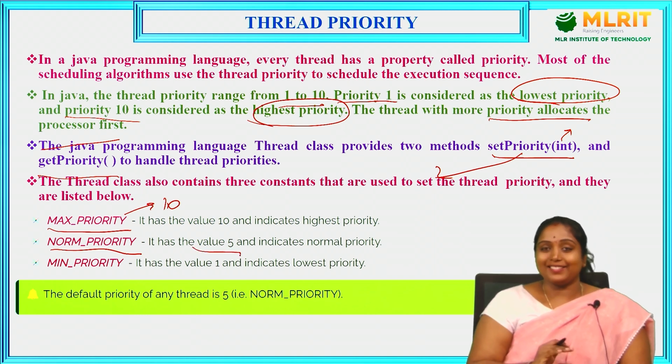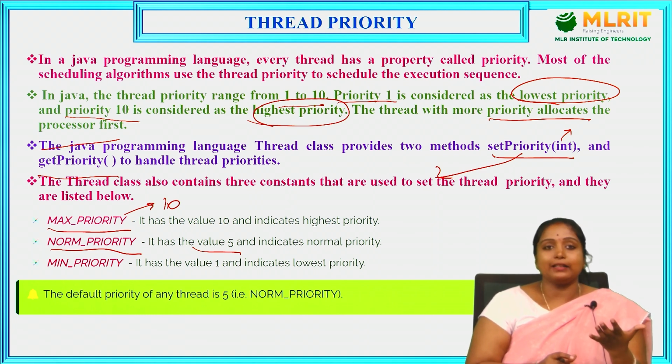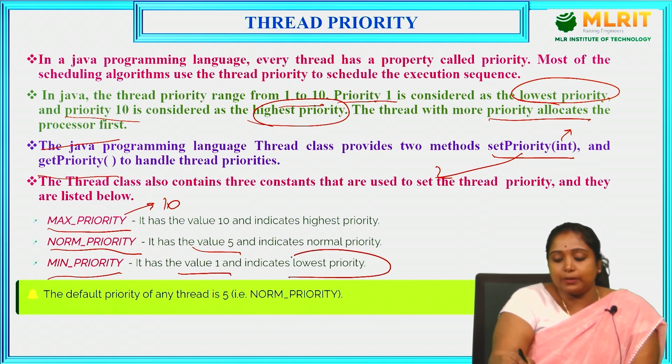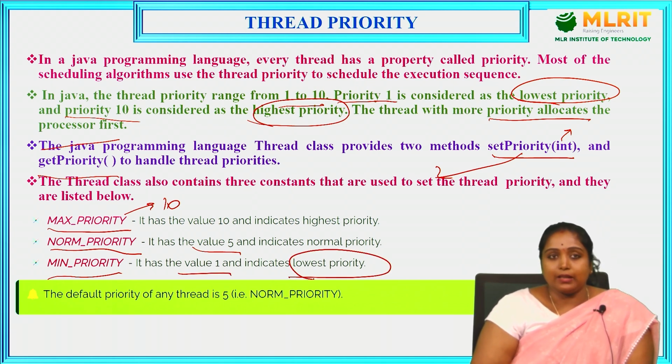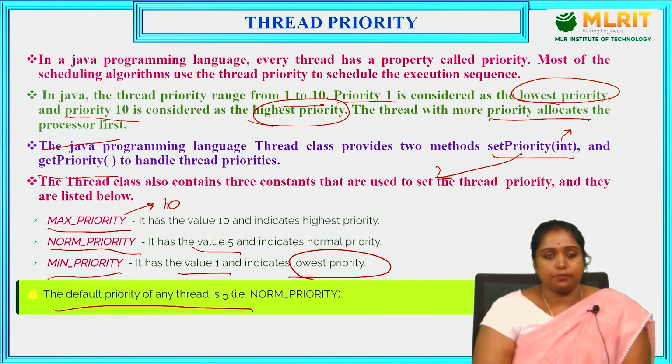If you do not allocate any priority to a particular thread, it automatically takes it as a normal priority. And MIN_PRIORITY, whose value is 1 and which is the lowest priority. The note point is that the default priority of any thread is 5.